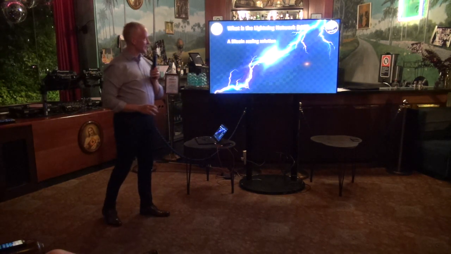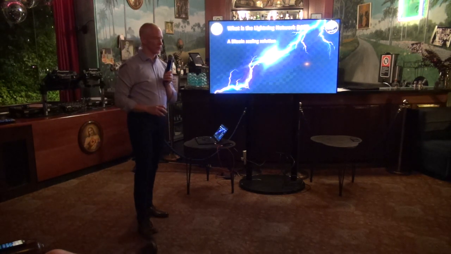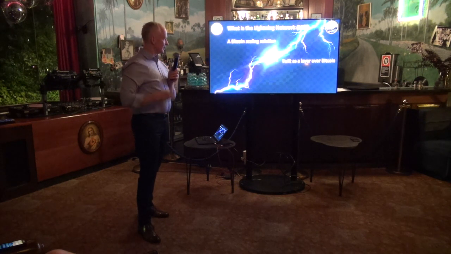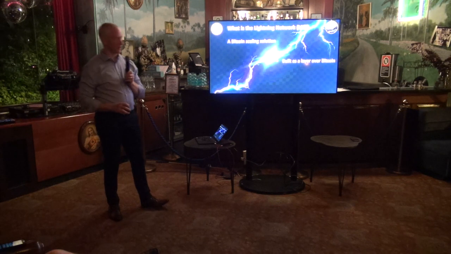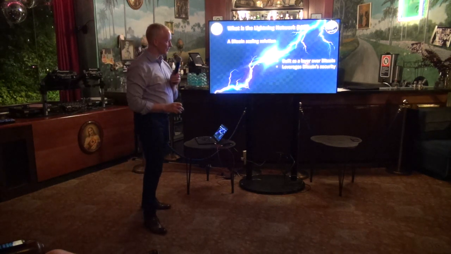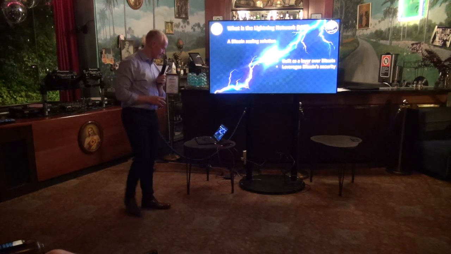Okay, so let's start with the basics. The Lightning Network is a scaling solution for Bitcoin. So it's built as a layer on top of Bitcoin, so there are a number of implementations for that. It leverages Bitcoin's security. That's one of the key things about Lightning.